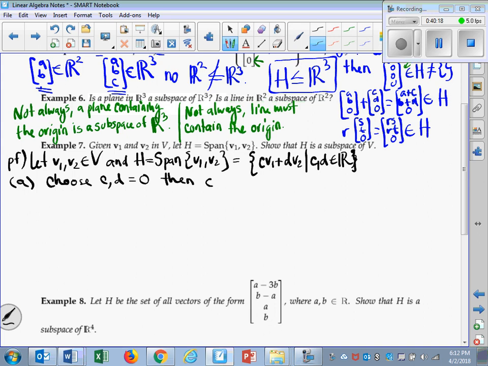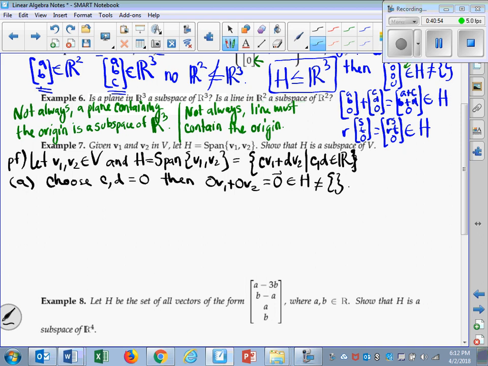Then 0 v1 plus 0 v2 is actually equal to the 0 vector, which is in H. So we have found a linear combination of v1 and v2 that is still in H that gives me that additive identity. So I've found the 0 vector. Very good. So H, we can say here, is non-empty. All right, so part A is good.